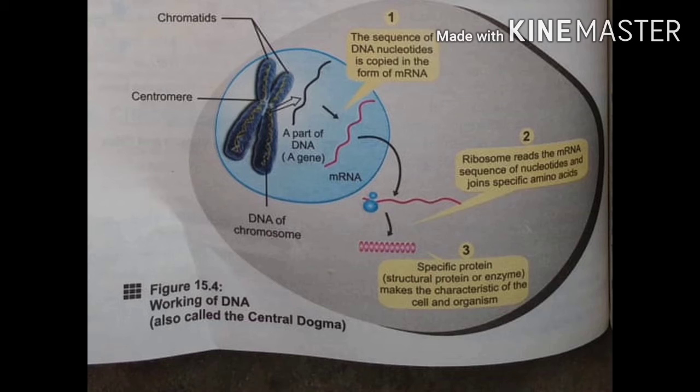In second step, ribosome reads the messenger RNA sequence of nucleotides and joins specific amino acids. In third step, specific protein, that is structural protein or enzyme, makes the characteristic of the cell and organism. So this is the working of DNA and it is also called the central dogma.